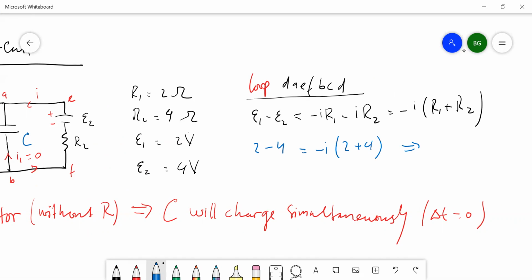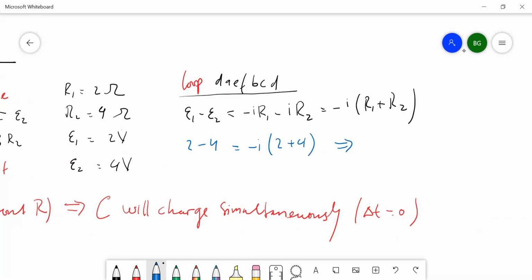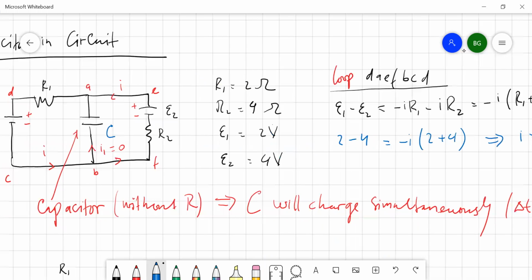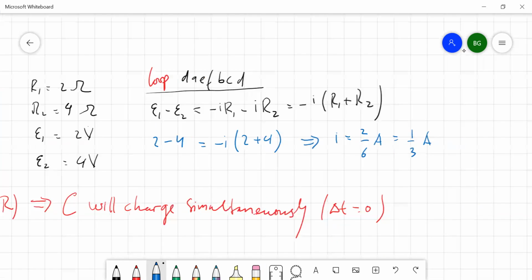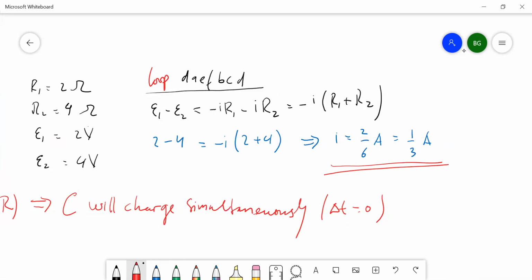Then we get I, this is minus 2, so this is 2 over 6, so let's say 1/3 ampere. So our first assumption about the direction of the current is correct, because we have a positive value in this case.